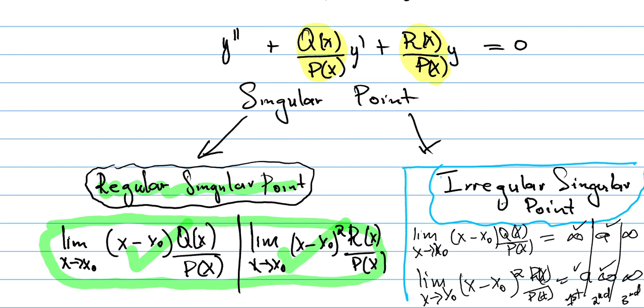In the second case, maybe the first limit gives a finite result and the second limit gives an infinite result. Then in the third case, maybe both limits give an infinite result. If you get any of these, it is irregular. So for regular, you should get finite results for both limits. Okay, so this is the singular point.